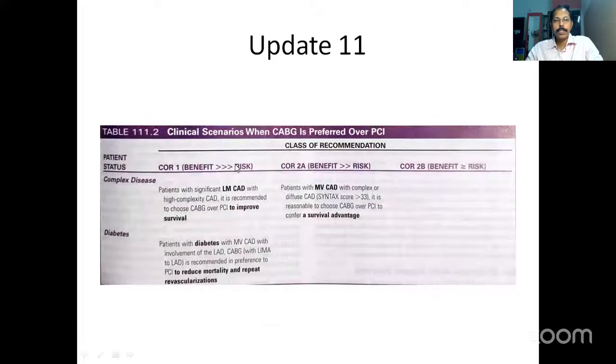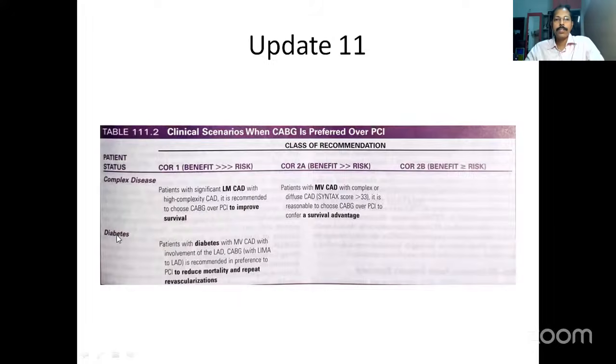And coming to the next update, this table shows the superiority of CABG versus PCI. A patient presenting with complex multivessel disease with left main coronary artery disease, no other confusion, CABG will be superior.